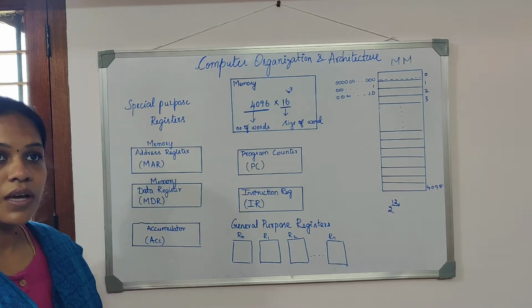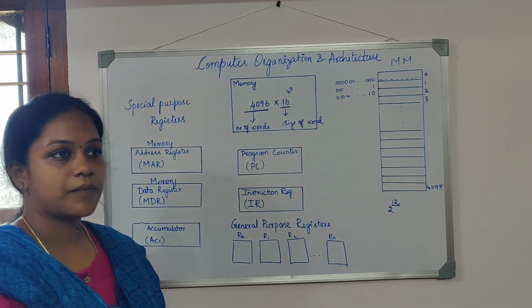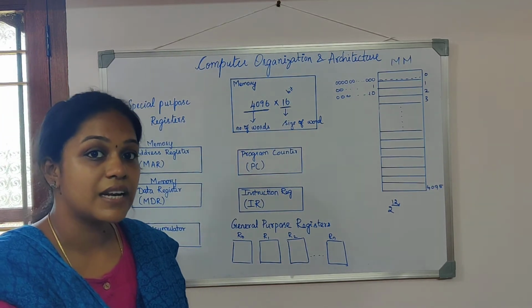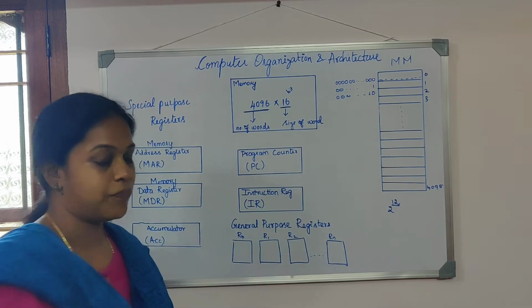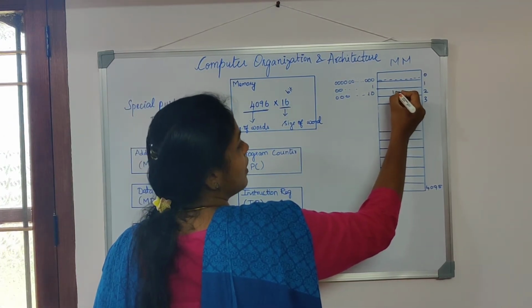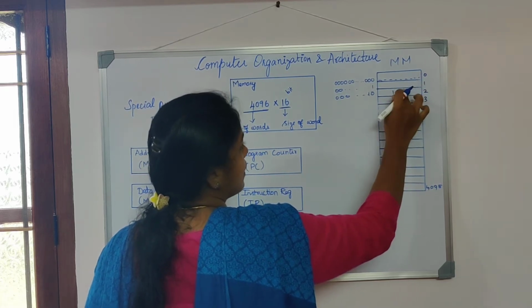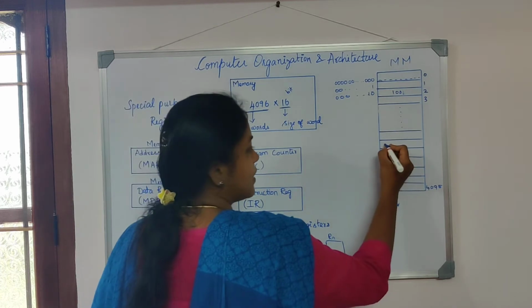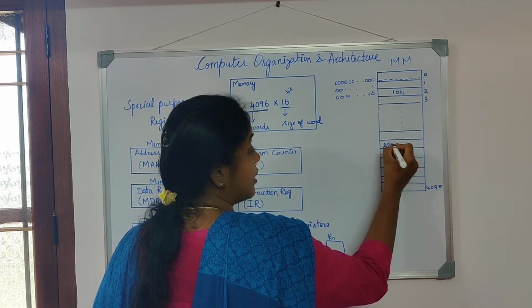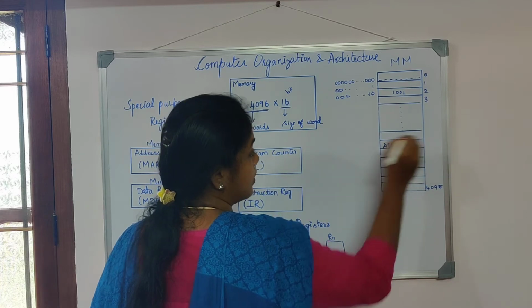We all know in von Neumann architecture, as we saw in the last lecture, that the instruction and data both are inside the main memory. So for example, say there is some data here, say 100 is present here, and here there is an instruction, say add R1, R2.